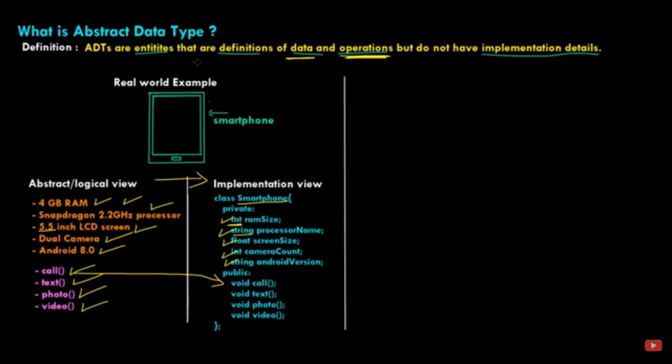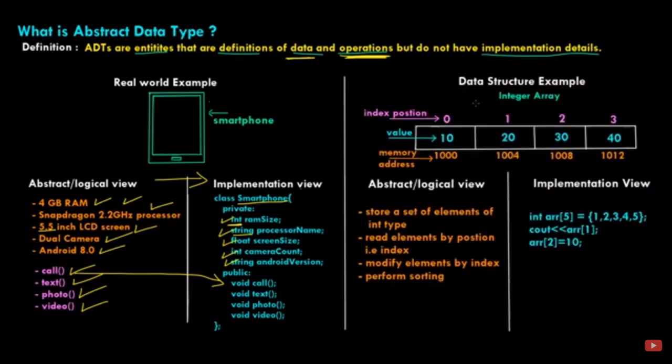Abstract view is how we see it from the outside. When we see an object, how it looks like. Implementation is how it works from behind. Here is another example, data structure example. We have already seen about arrays. So here we have a memory box which is holding the values 10, 20, 30, 40.